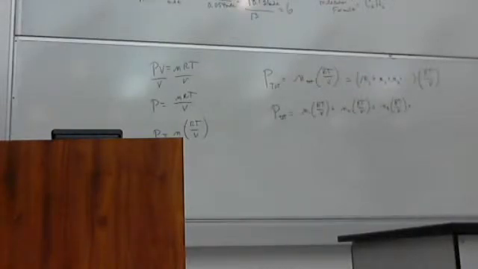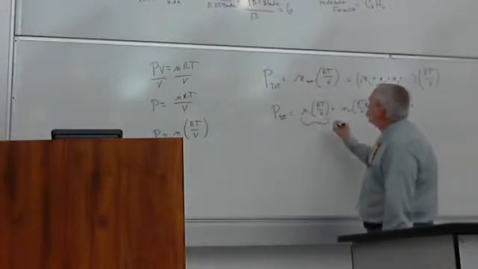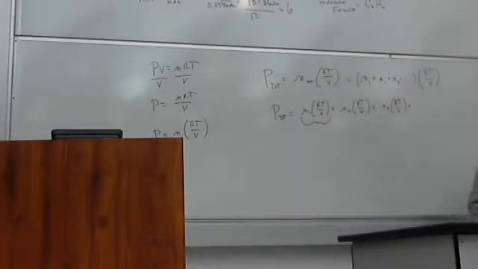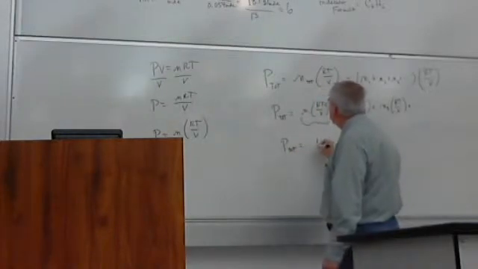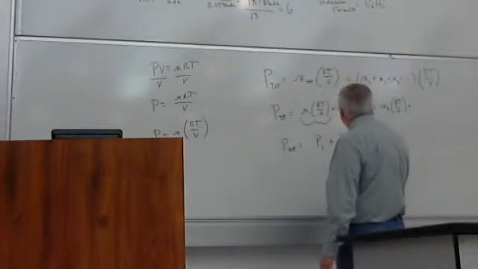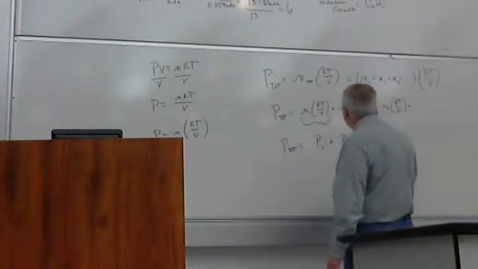The reason I'm doing this is to show you a new relationship that we're going to have. So if I separate them out, then understand what this is. This is the pressure of gas 1 alone. So the total pressure becomes the pressure of gas 1 plus the pressure of gas 2 plus the pressure of gas 3.